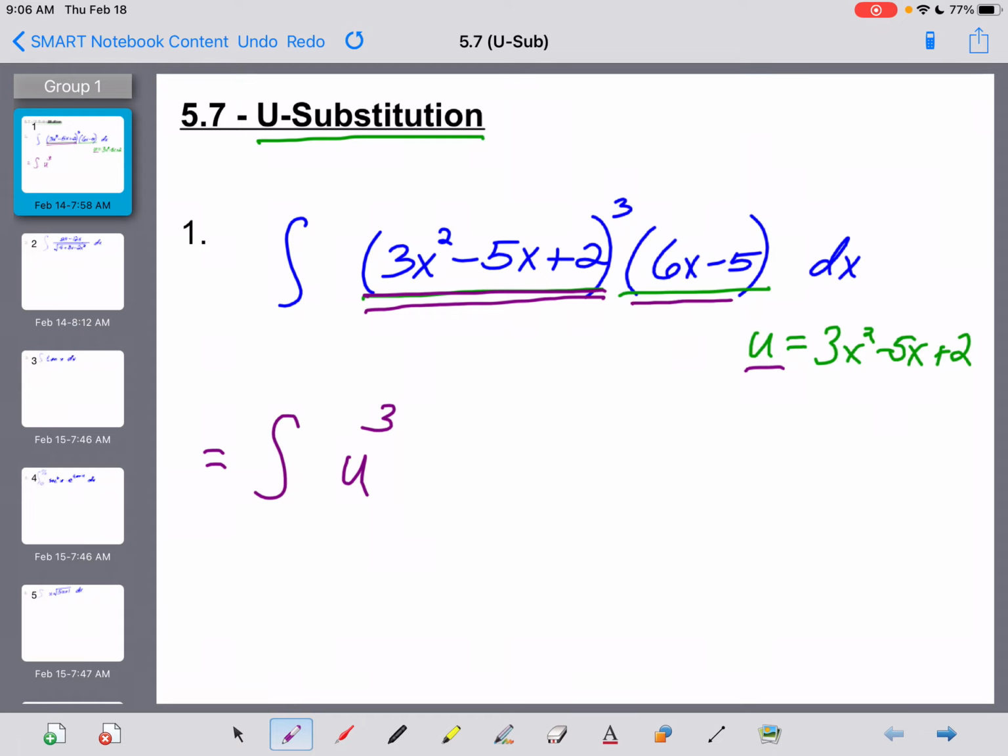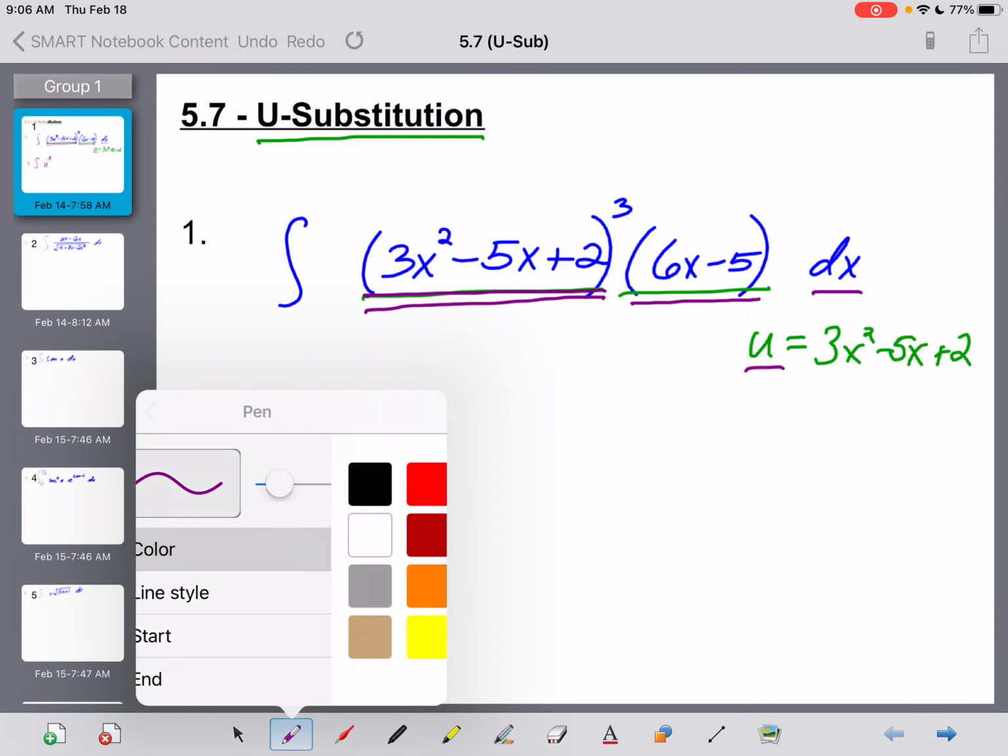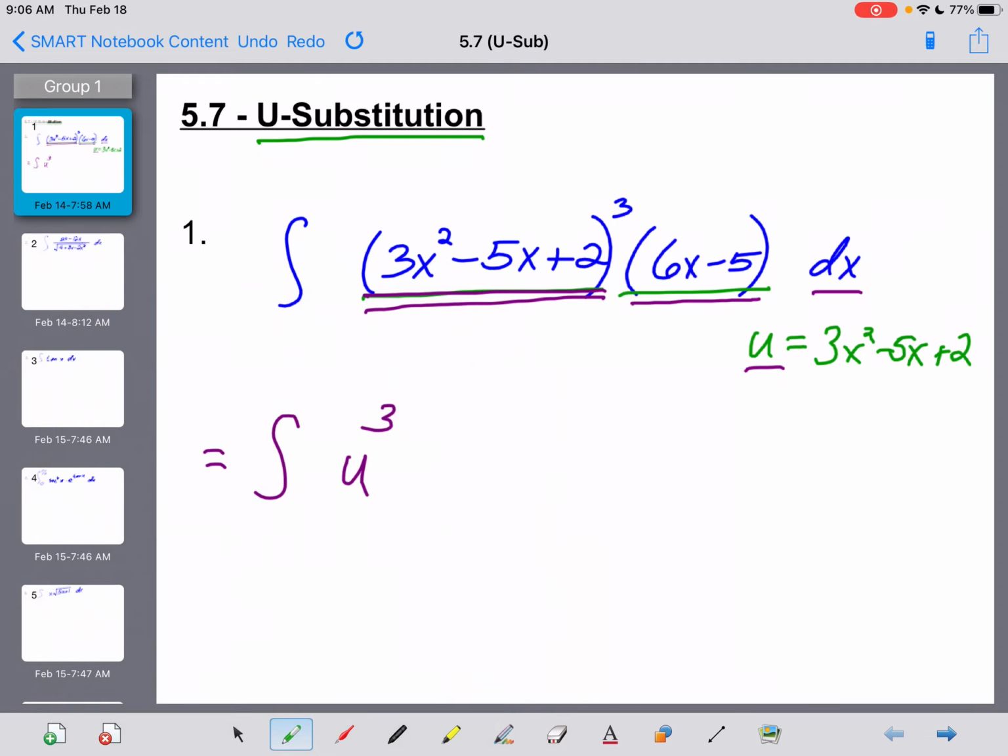We need to get the 6x minus 5 and the dx, that's important, both expressed in terms of U as well. And the way we're going to do that, and luckily we do this the same every time, is we're now going to take the derivative of this little equation right here. We're going to take the derivative of U with respect to x, and that is going to equal 6x minus 5.